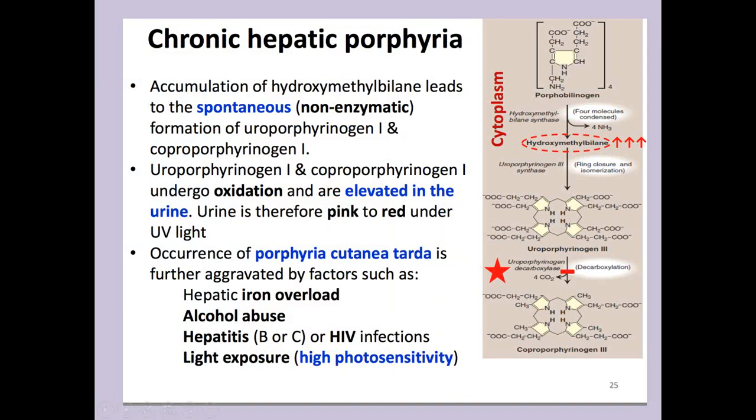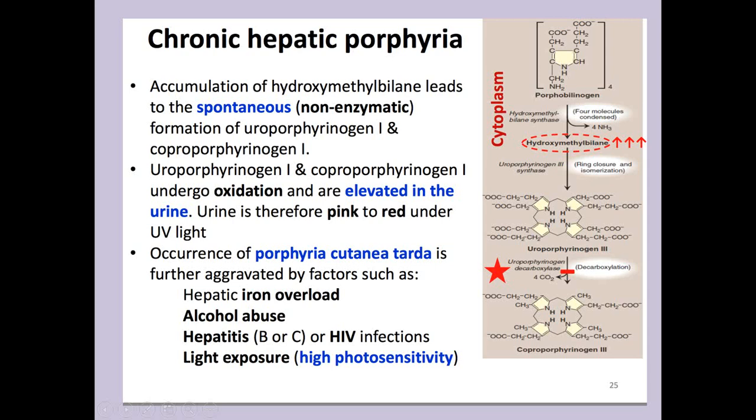Then we have chronic hepatic porphyrias. Accumulation of hydroxymethylbilane leads to spontaneous non-enzymatic formation of uroporphyrin I and coproporphyrin I. Uroporphyrin I and coproporphyrin I undergo oxidation and are elevated in the urine, and therefore urine is pink to red under ultraviolet light.